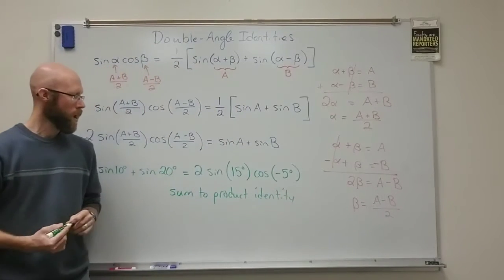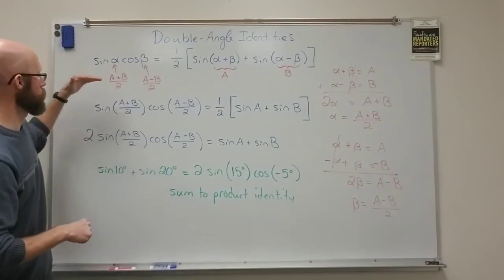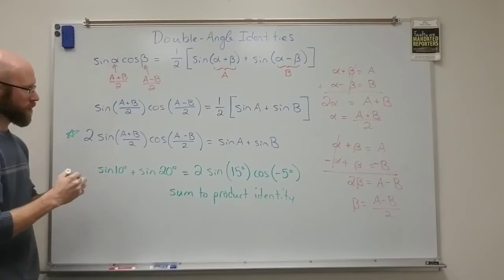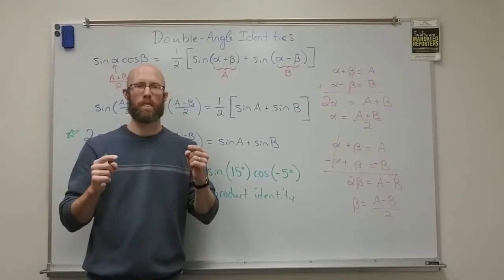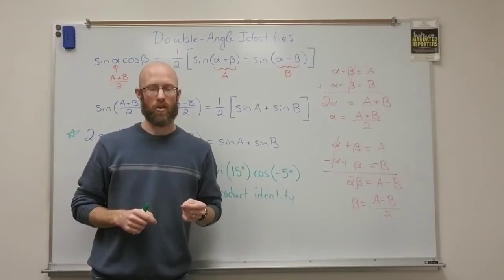There are 4 of them, and I've established one of them right here, and they each come from one of the product to sum identities that we just looked at.